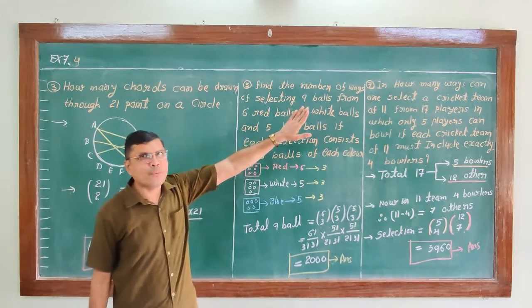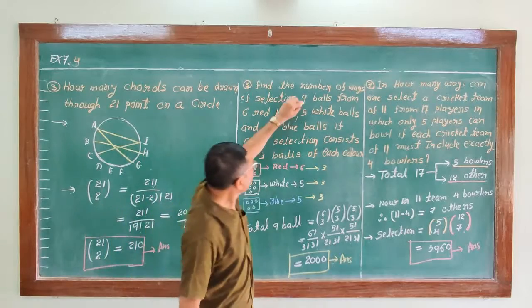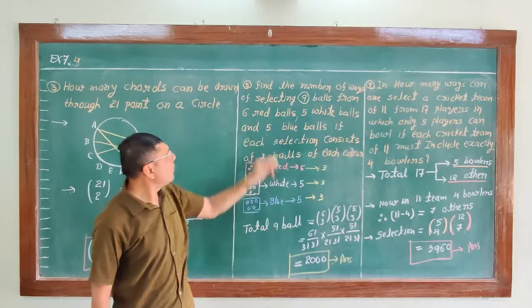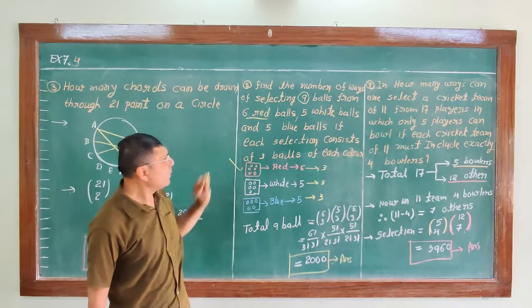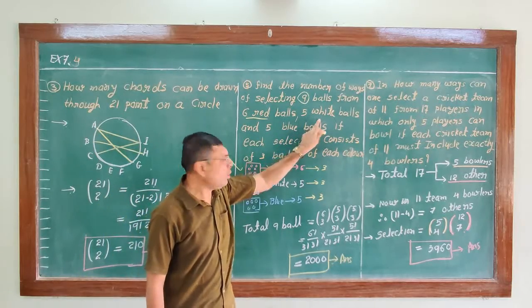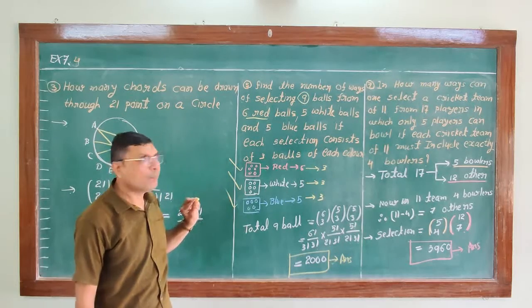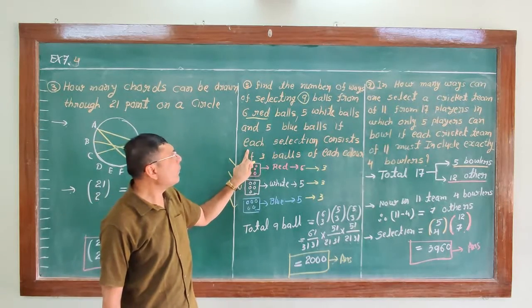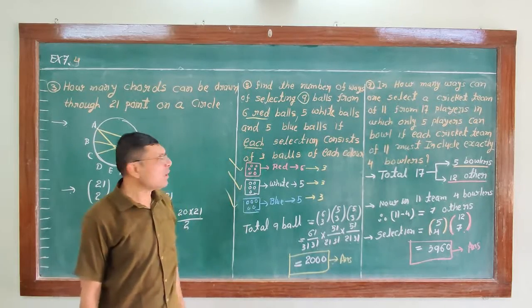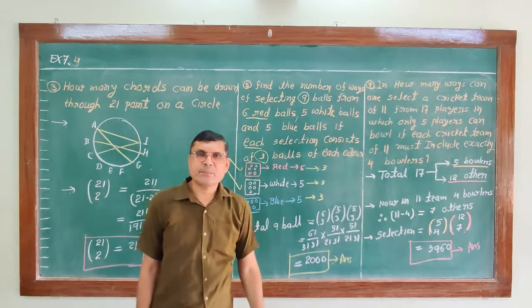Find the number of ways of selecting 9 balls from 6 red balls, 5 white balls, and 5 blue balls, if each selection consists of 3 balls of each color.